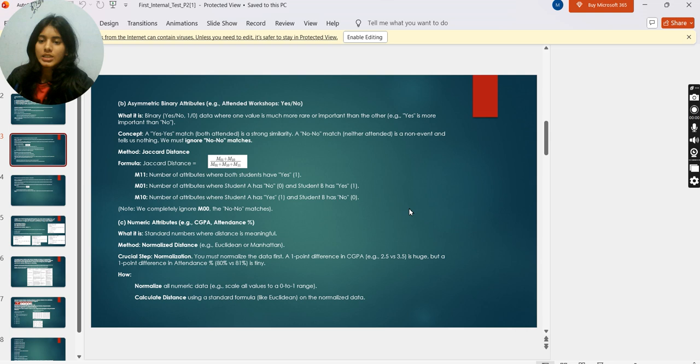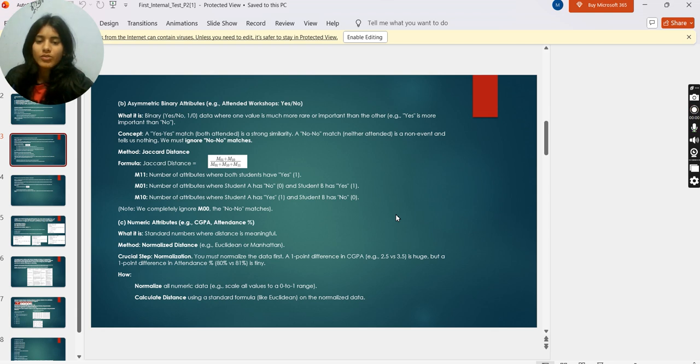Numeric attributes, that is CGPA and attendance in percentile. What is it? Standard numbers where distance is meaningful. Method: normalized distance, that is Euclidean or Manhattan. The crucial step is normalization. You must normalize the data first.